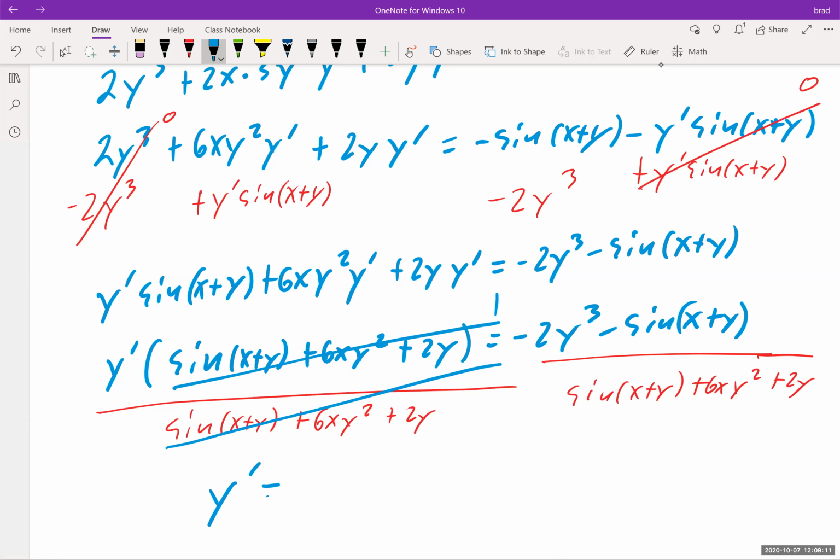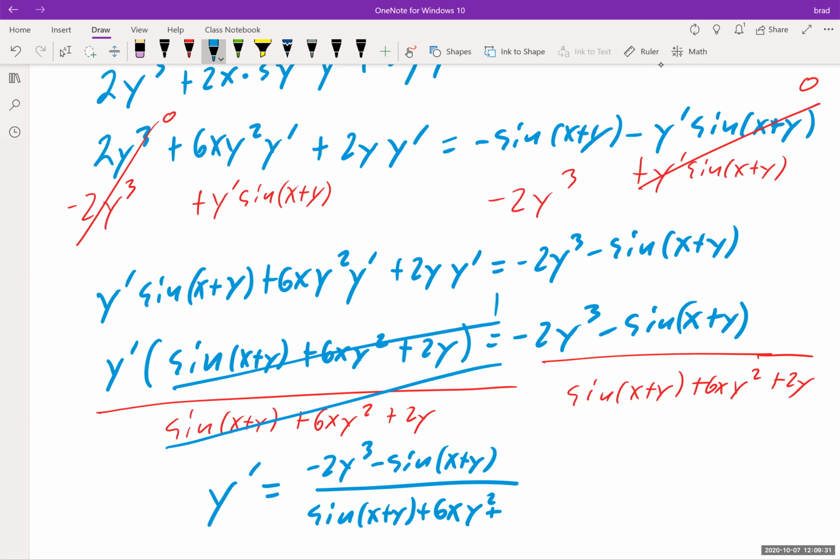So we have y prime equals, I don't want to mess with that negative sign, who cares, I'll leave it: negative 2y cubed minus sine of x plus y, all over sine of x plus y plus 6xy squared plus 2y. And that would be it.